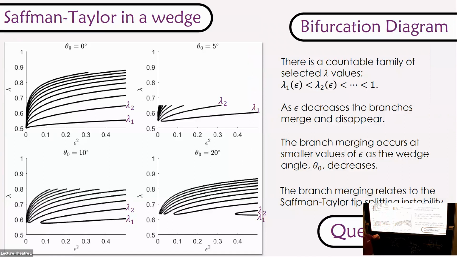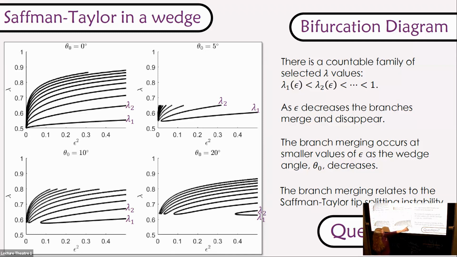You'll notice the most obvious thing to notice here is that the branches close off when theta naught is not 0. And that's occurring because, as I showed you on the last slide, when we had the intersection point, different parts of the exponentially small stuff is dominating, and the selection mechanism at some point stops being able to be satisfied.